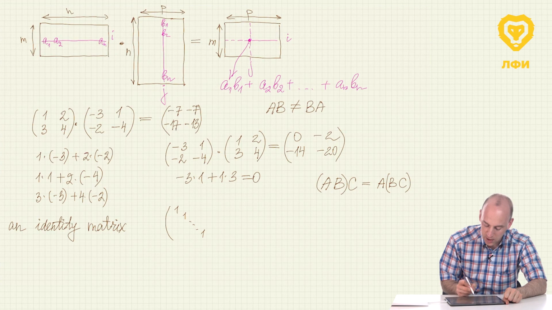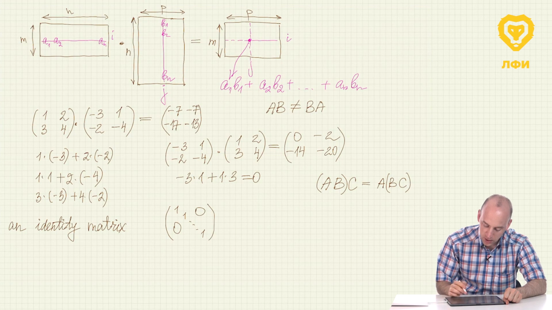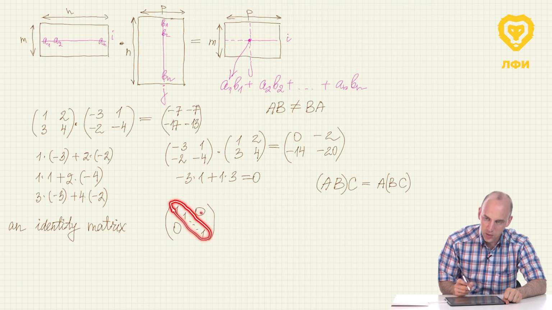So the main diagonal is the one that goes from the upper left corner to the right down corner, and zeros are everywhere else. So these big zeros mean that all the elements except for the elements on the main diagonal are equal to 0.